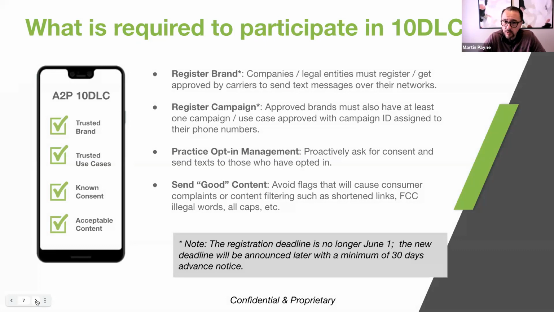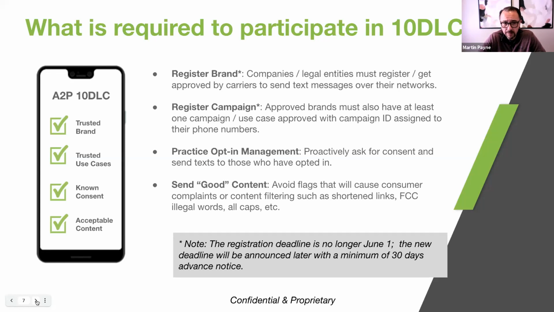It requires an employer identification number, which is the equivalent of a social security number for a business. So you've got to register at that level. And there's a verification that occurs with your EIN that's required for approval by the carriers. And each carrier that participates in the registration process will receive your brand score that comes about after you register your legal entity.